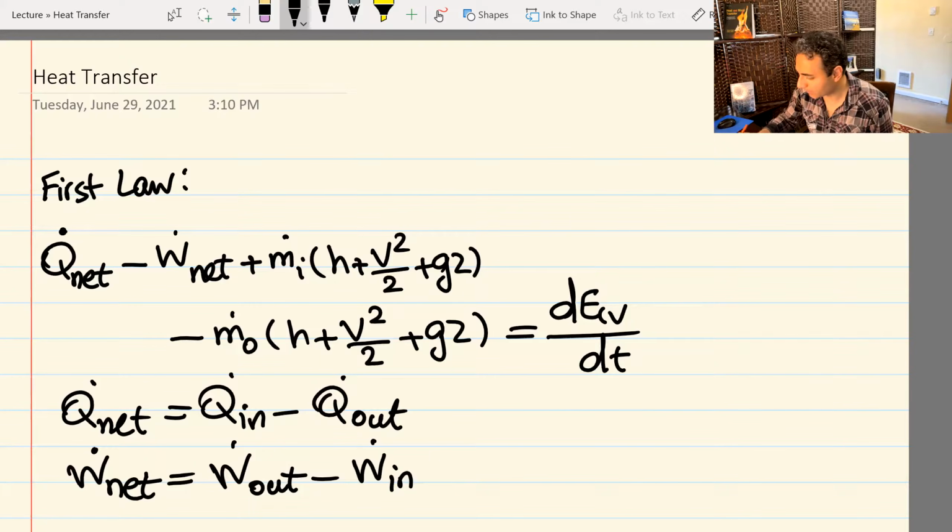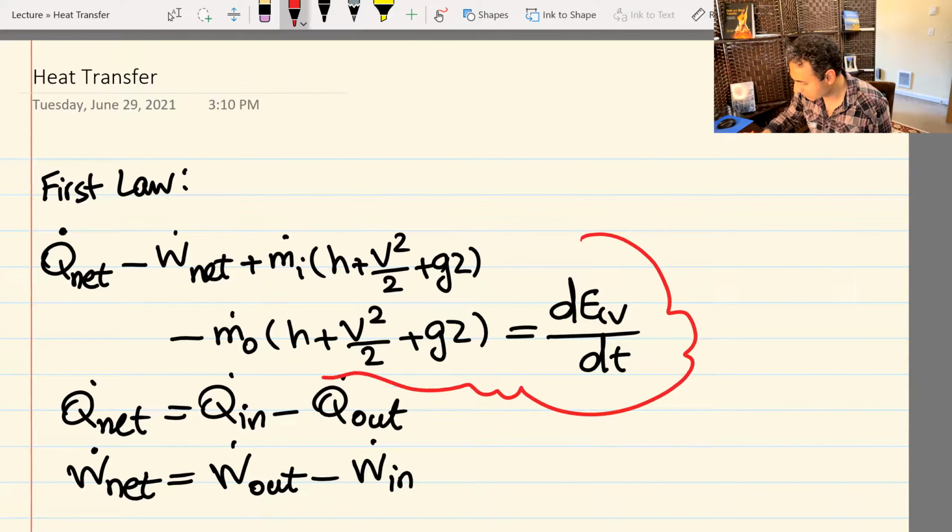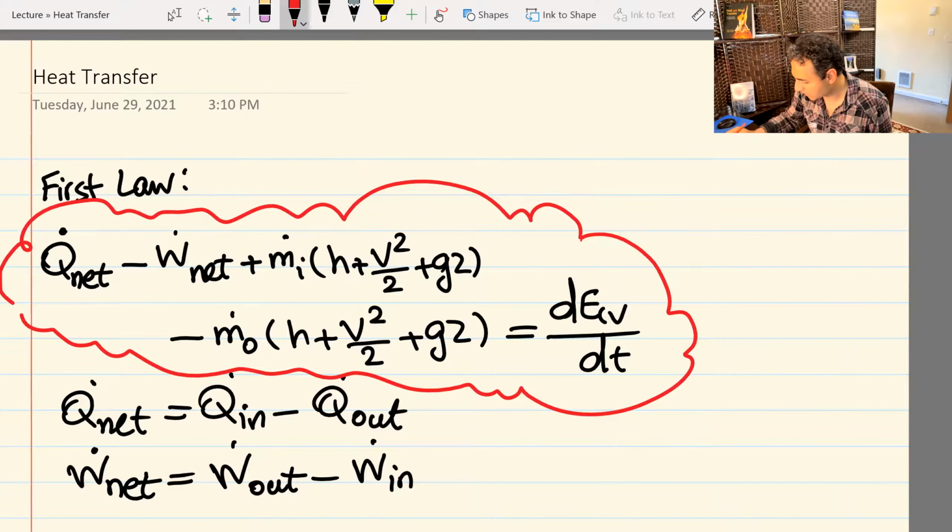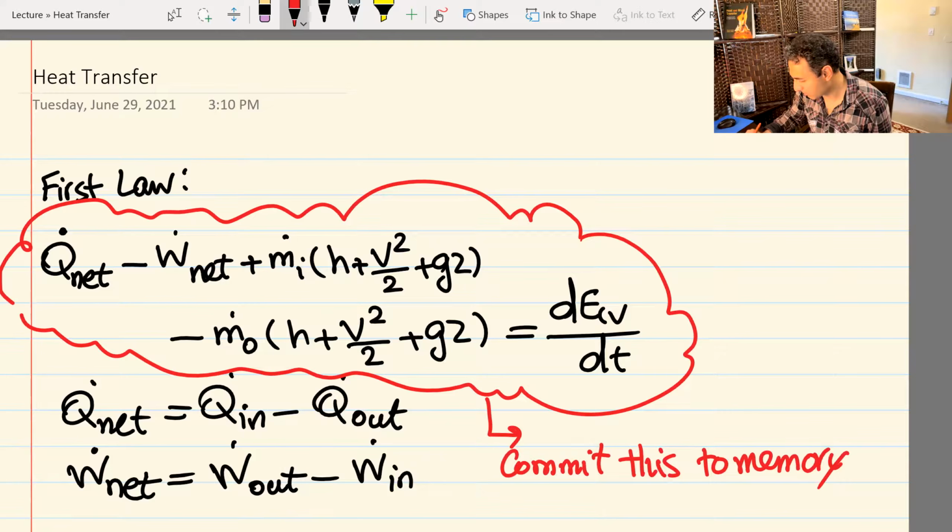So one thing I want to tell you, and it's super important, is this is the first law of thermodynamics. I'm going to write it here: commit this to memory.